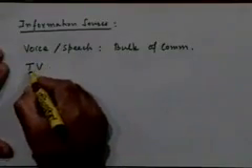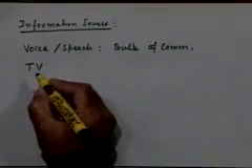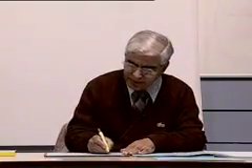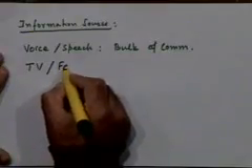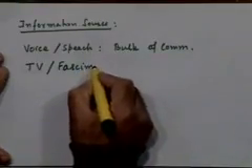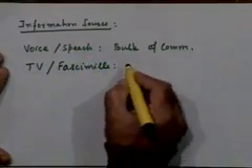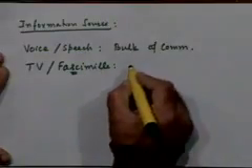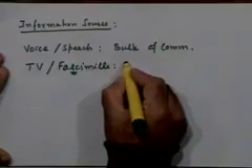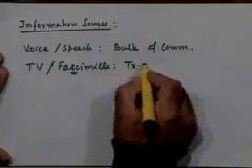Picture transmission could be in the form of television signals, which is essentially moving pictures, moving at the normal pace at which life goes on, right? It could also be still pictures. For example, facsimile. I think I got the spellings wrong, but never mind. So this is transmission of pictures.